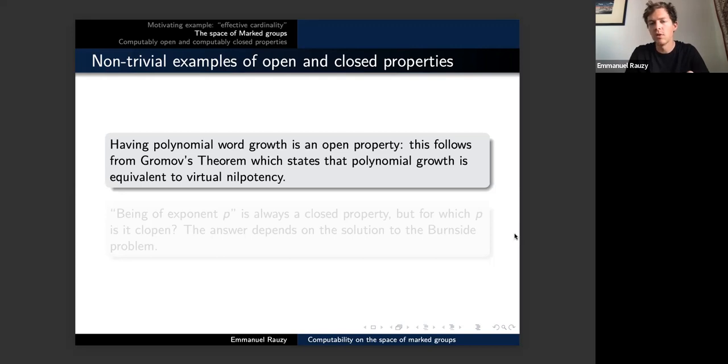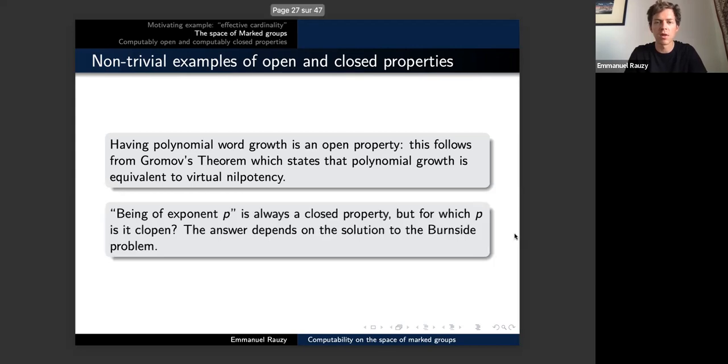And so knowing that you have to use a very non-trivial theorem to prove that having polynomial growth is an open property. And another example is being of exponent p. This is always a closed property, but for some p's it is open, and for others it's not.